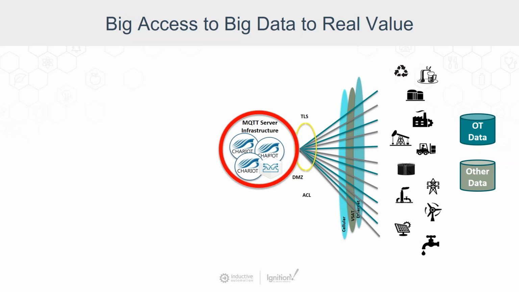We then have an architecture in place where we can consume and do a lot with that data, and have this auto discovery and the ability to innovate, do new things, test out new technologies by getting access to that real information. So that big access to big data can provide some real big value.